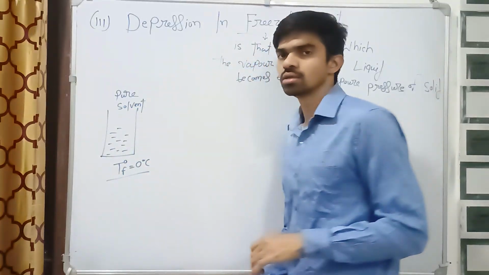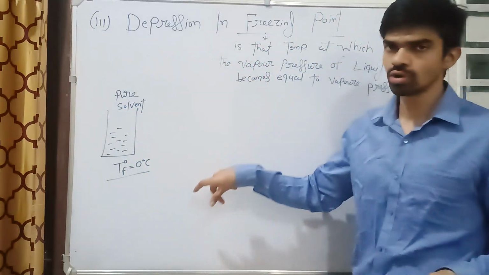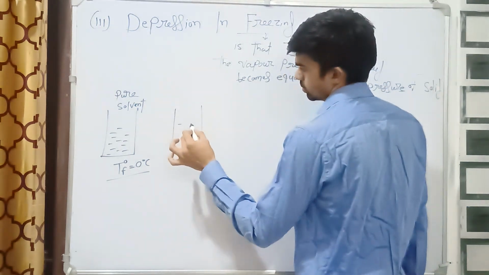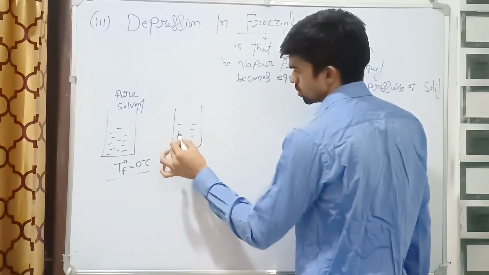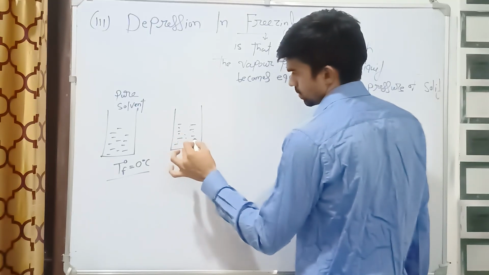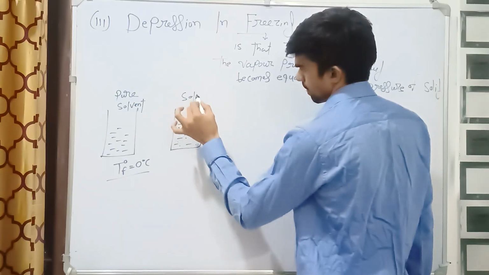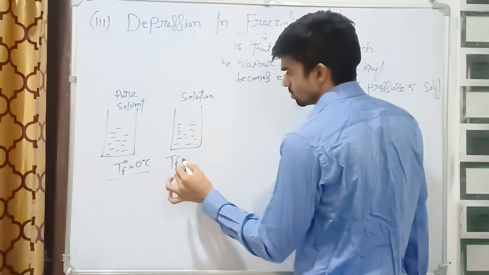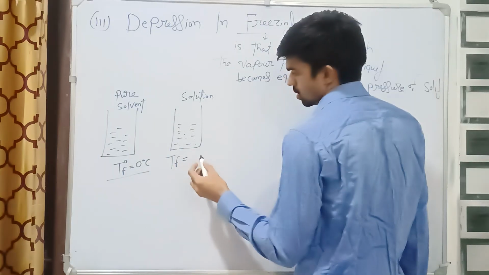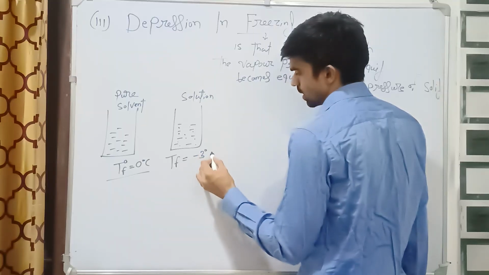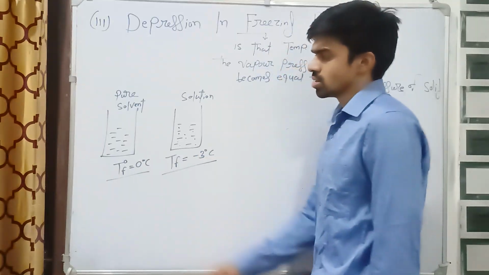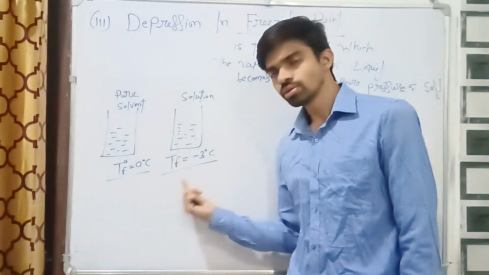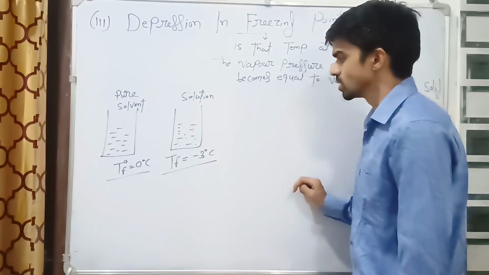Now if we add some non-volatile solute particles in this pure solvent, it will become solution. Now the freezing point will decrease, or it goes to the minus, let us consider -3 degrees. So this change in freezing point is called the depression in freezing point.